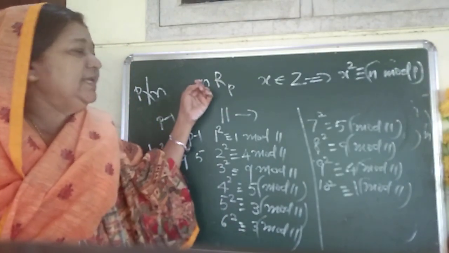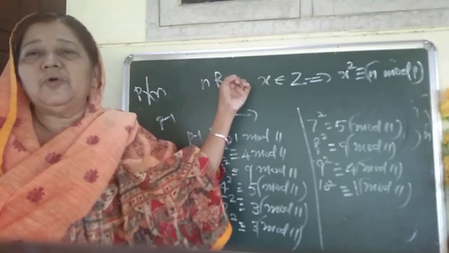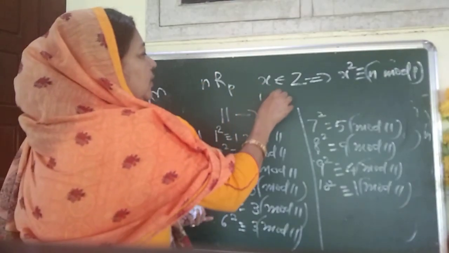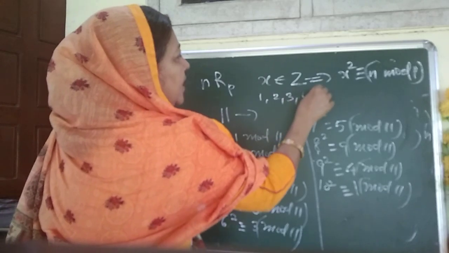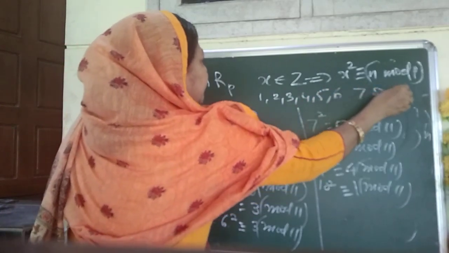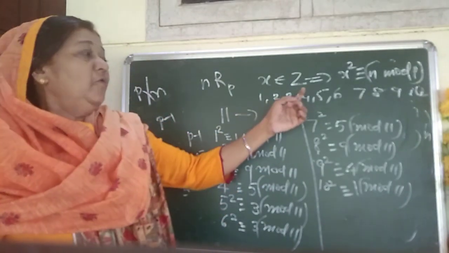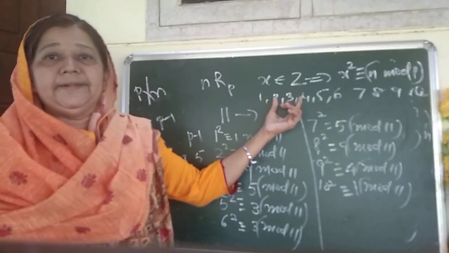We say that n is a quadratic residue modulo p. Among these 1, 2, 3, up to 10, that is p minus 1 numbers, 5 of them are quadratic residues.